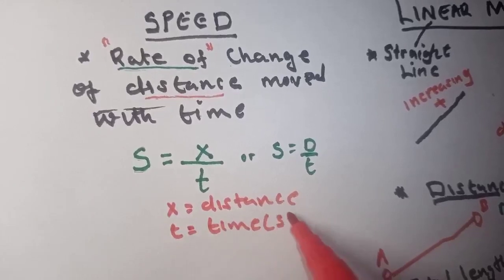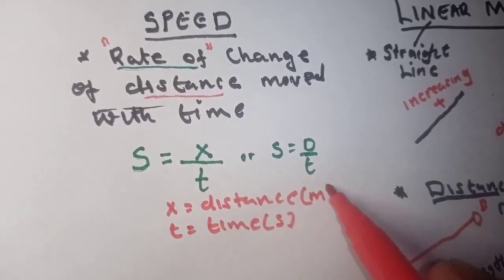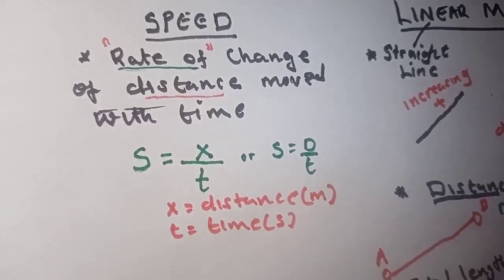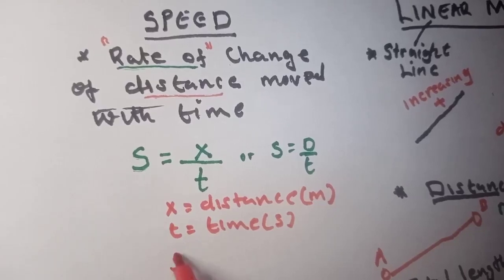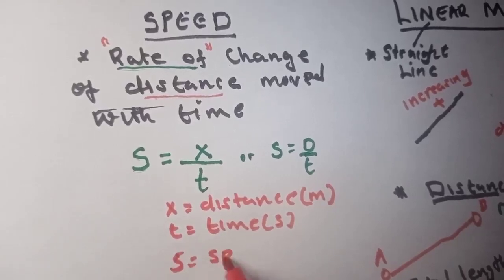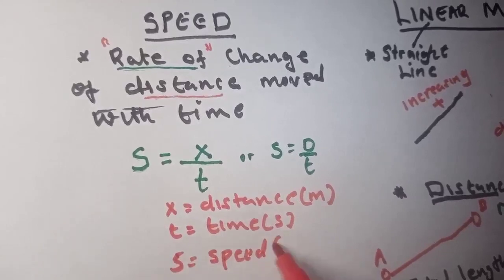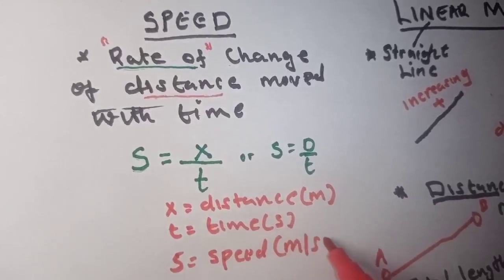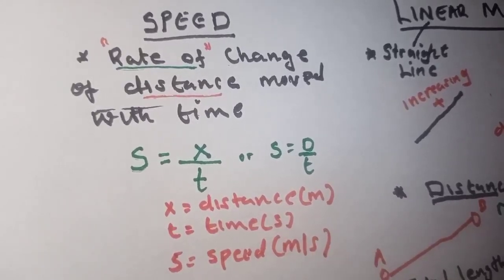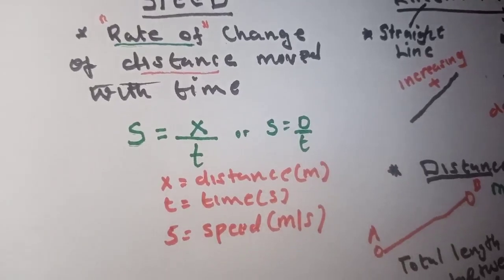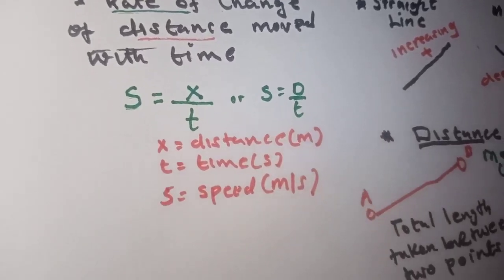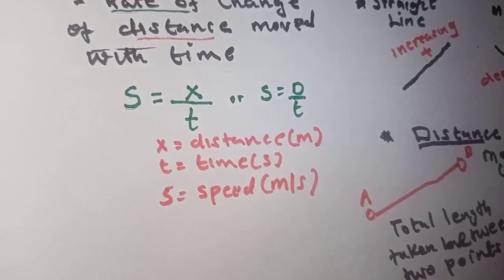Time in seconds, distance in what? In meters. And S represents speed, with SI units meters per second. So speed is the rate of change of distance moved with time, and that's the formula. Now let's look at velocity.